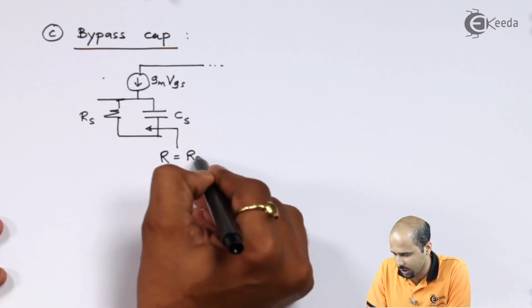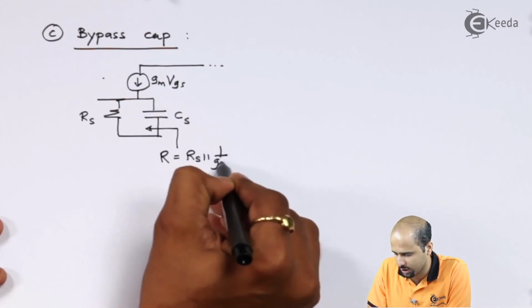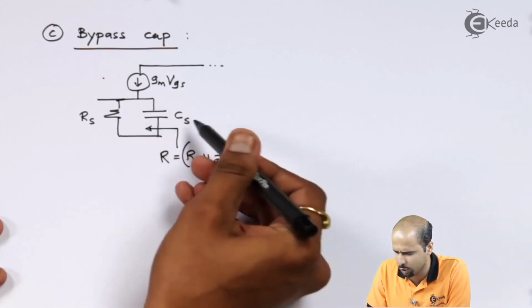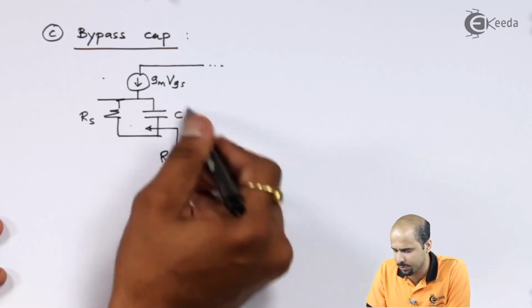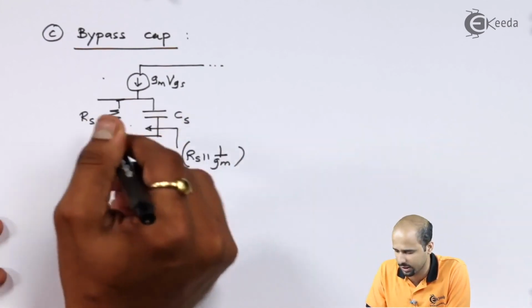R is nothing but your RS parallel 1 upon GM, and we get the same value if we look from this particular capacitor into this circuit.